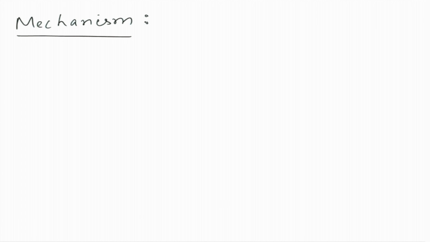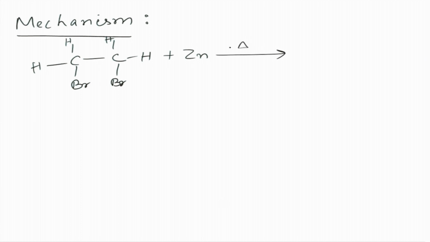Okay. So this is 1,2-dibromoethane plus zinc. It is heated and ethanol is used as a solvent.